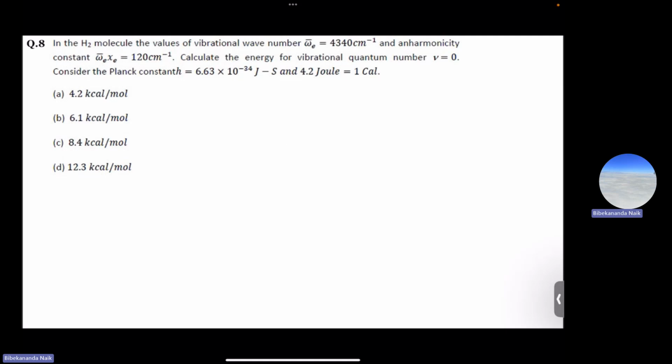Calculate the energy for vibrational quantum number v equals 0, considering the Planck constant, and 4.2 joule is 1 calorie. The options are option A 4.2 kilocalorie per mole, option B 6.1 kilocalorie per mole, option C 8.4 kilocalorie per mole, and option D 12.3 kilocalorie per mole. These are the four options. I'll give you a few minutes to try this question and then we will discuss.